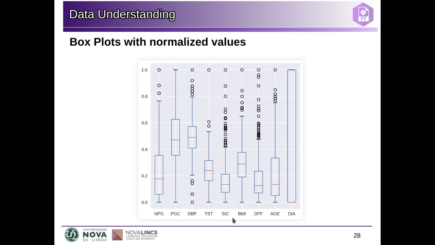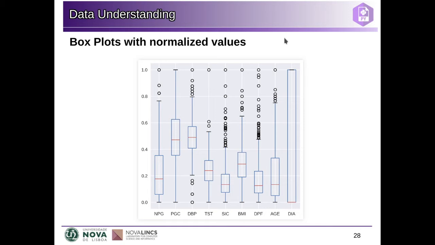The number of times pregnant has a few outliers here. The serum insulin concentration has lots of outliers, so it seems to have a long tail distribution over there, and so on. So this can give us an idea of the shape of the distribution, and we have rescaled everything to make all the maximum values equal to 1 and the minimum values equal to 0.